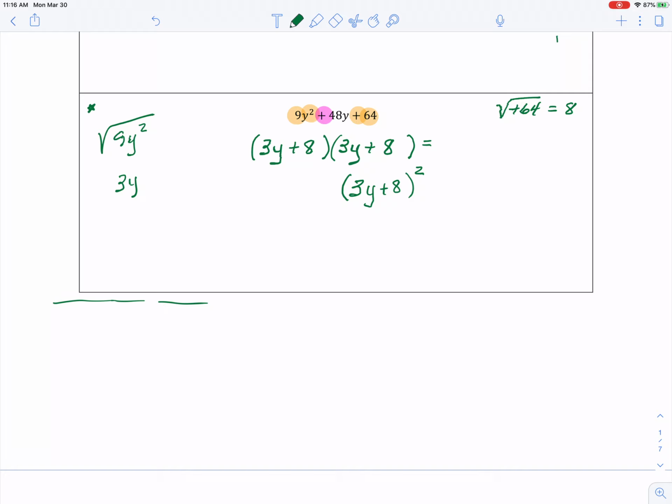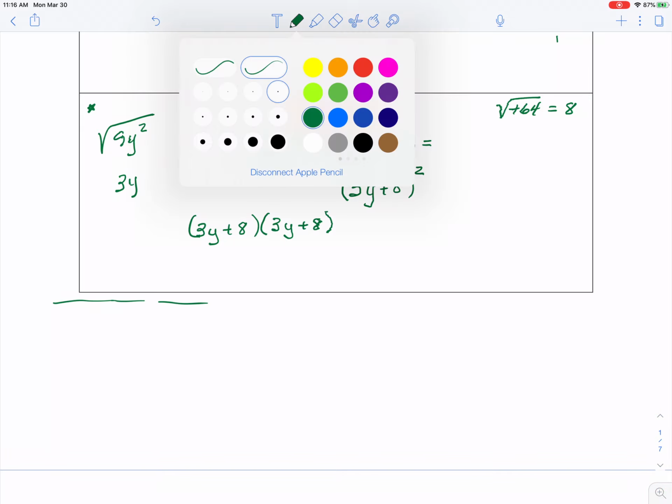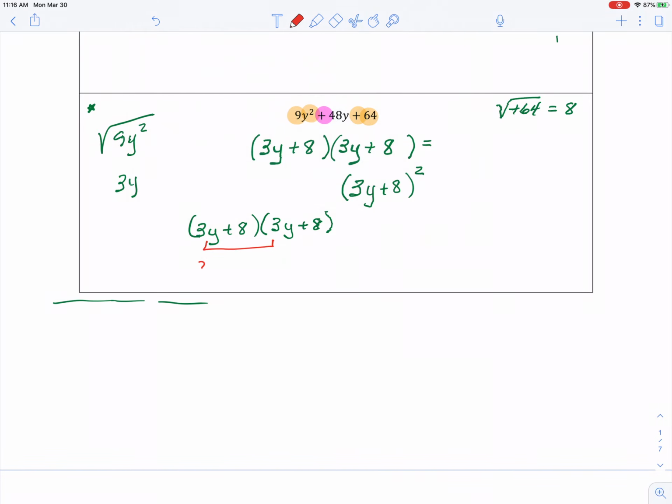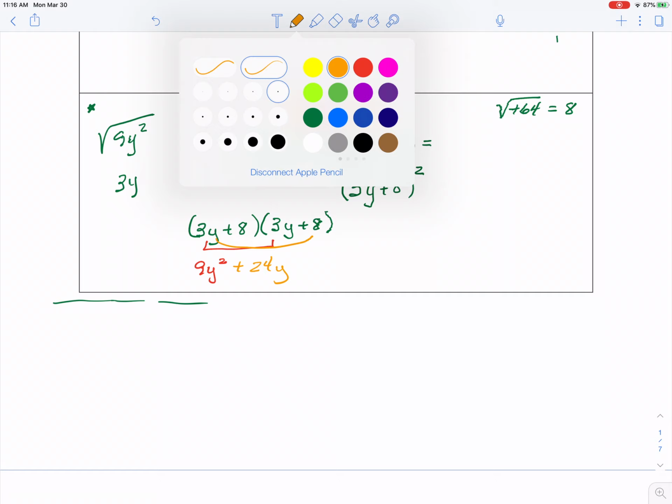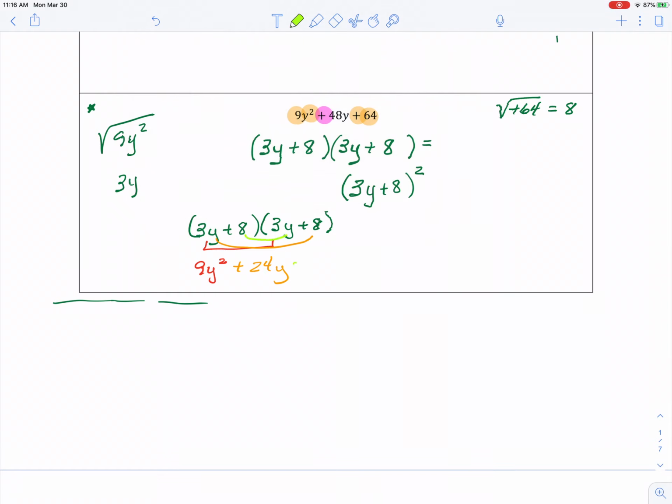So again, quickly before I stop, if you wanted to check this, I would expand it back out, and I would use first times first, outside, inside, and then last times last.